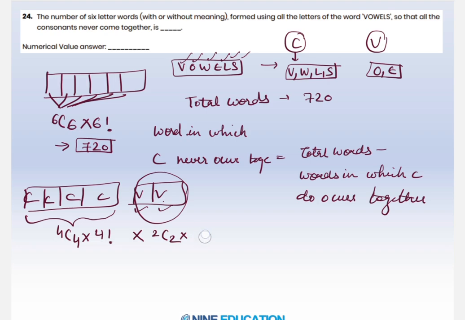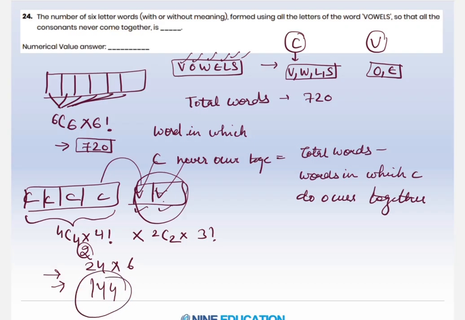We can remove the 2 factorial, because we are going to arrange the vowels 1, 2 and this particular box in 3 factorial ways. That's it. This must be your answer: 4 factorial into 3 factorial, that's 24 into 6, which is 144.